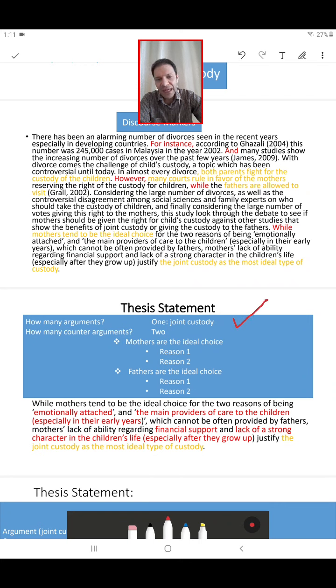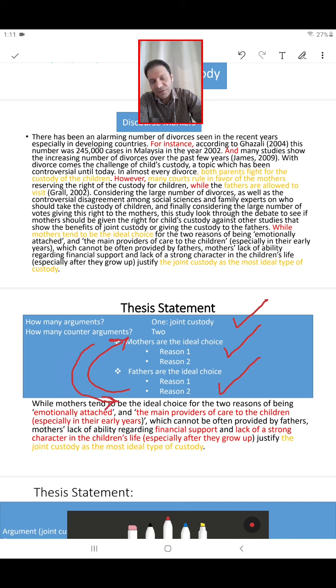How many counter arguments do I have? Two. One of them is mothers are the ideal choice. One of them is fathers are the ideal choice. But then, please everybody, I have to reject the counter arguments. Interestingly here, this counter argument rejects that one, and that one rejects this one.